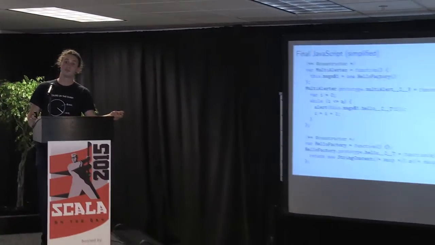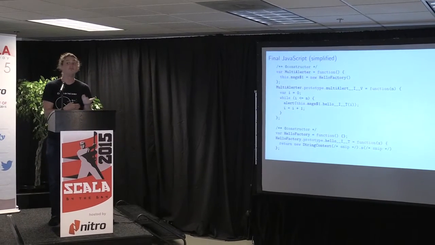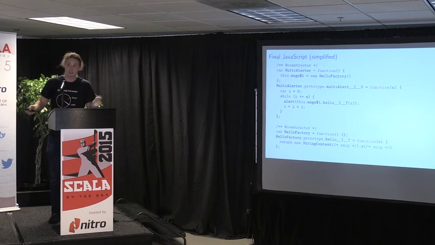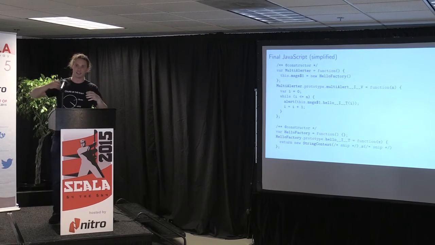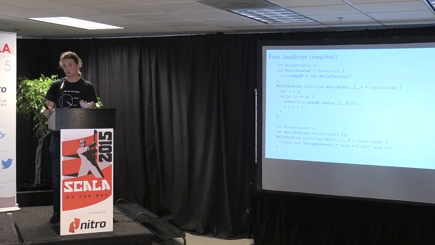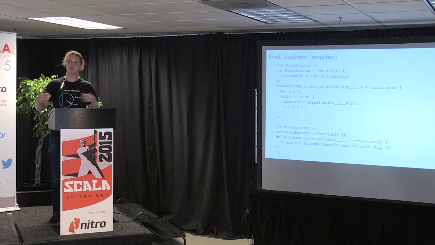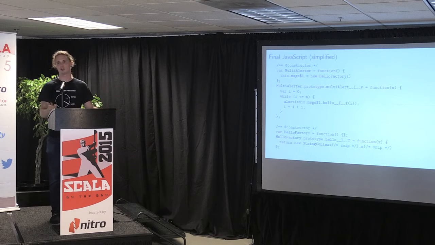I didn't touch on the whole inheritance in JavaScript story, so especially this slide here is actually not the full picture. Each class has two constructors. One is the actual constructor, and one is the constructor you can inherit from, which is common practice in JavaScript. And we also have the init method. On the JVM, the constructor just allocates fields, while the init method does what you as a programmer would consider to be the constructor.